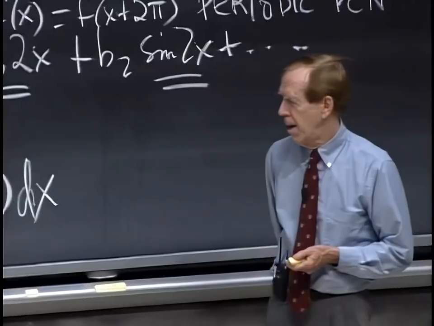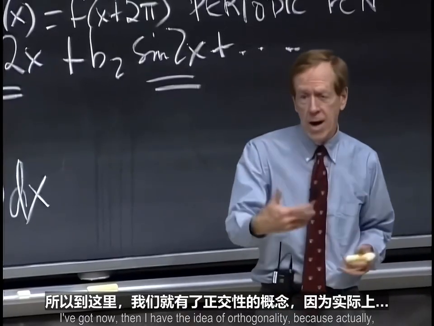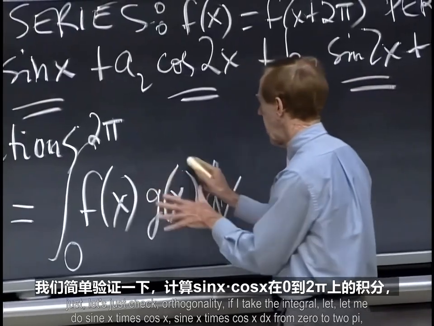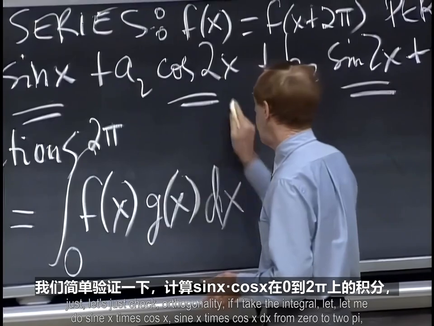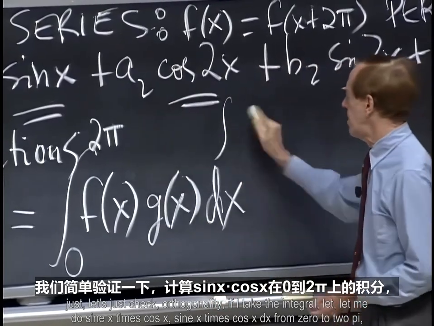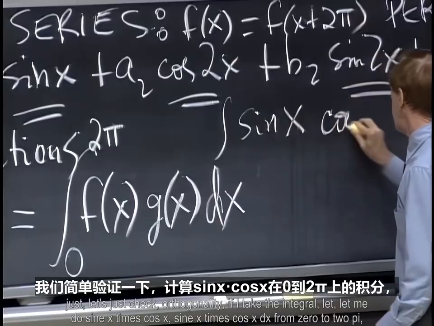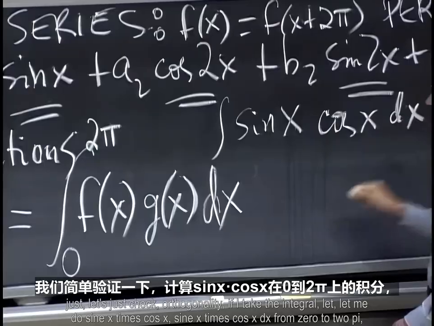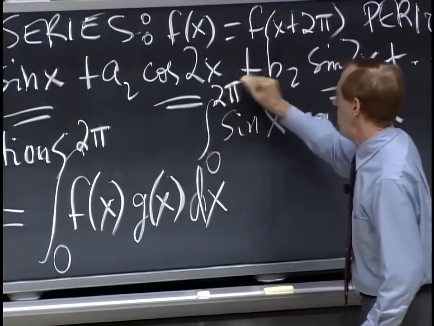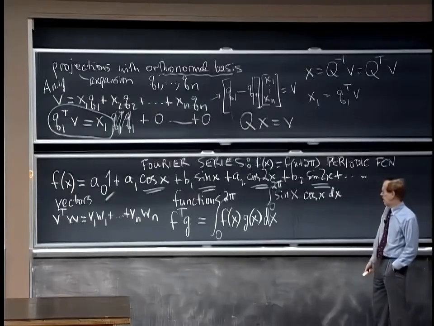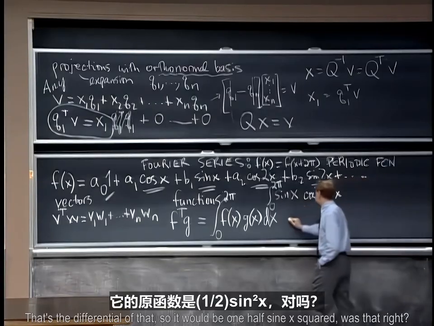It just happens to be an integral instead of a sum. Then I have the idea of orthogonality, because actually, let's just check. If I take the integral of sine x times cos x dx from 0 to 2 pi, I think we get 0.